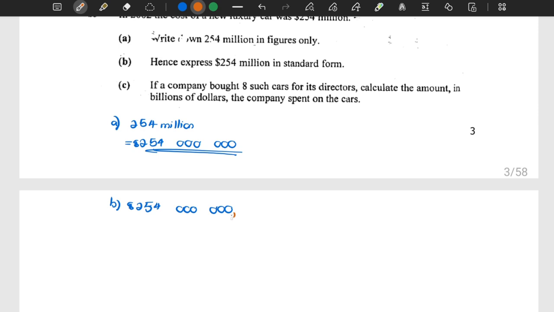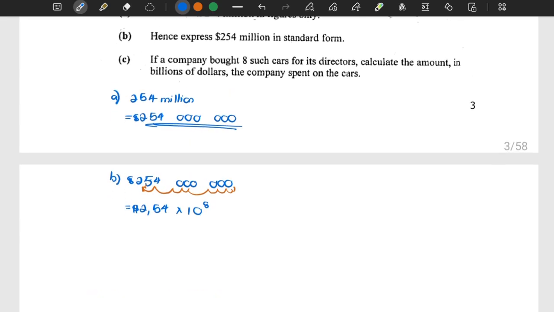So we have the decimal point moving 1, 2, 3, 4, 5, 6, 7, 8 places. So then we end up having 2.54 times 10 to the power 8 dollars. That is the answer.